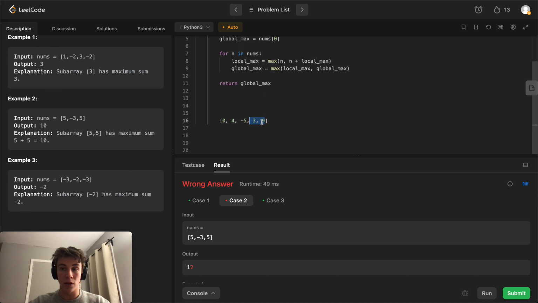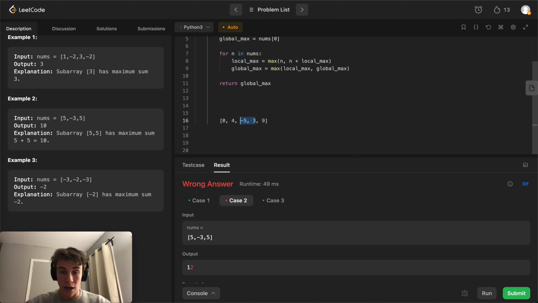It's only going to be including potentially the previous max subarray, including its own. Similarly for index number 3, you do have the option of including the previous max subarray.